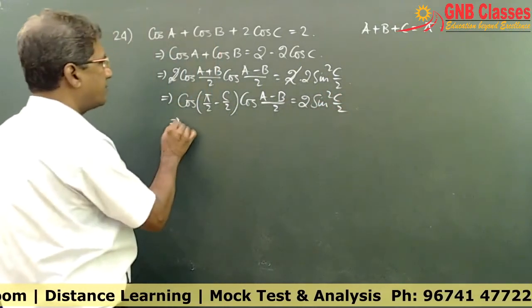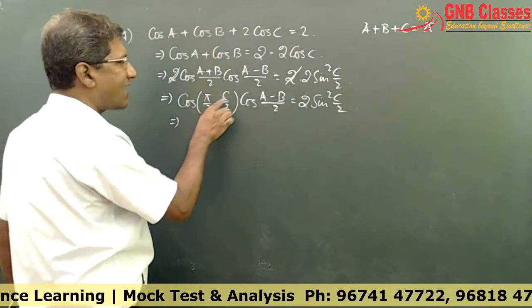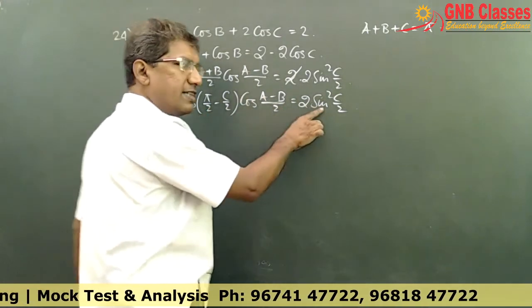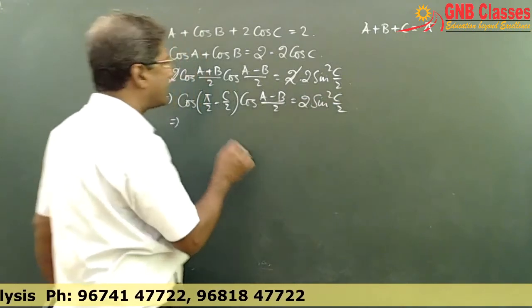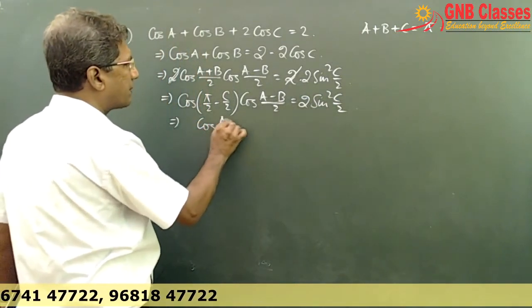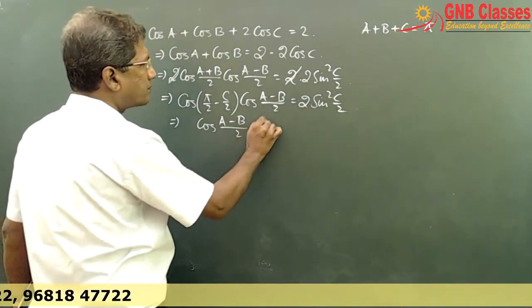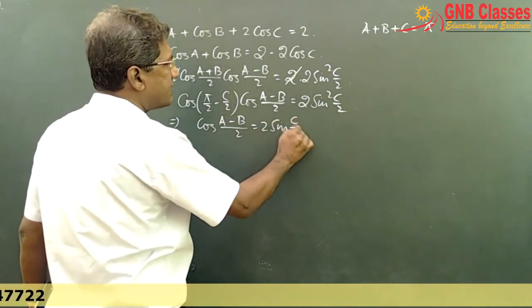So what we are getting here, cos of 90 minus theta is sin C by 2, so one sin C by 2 on the left and one sin C by 2 from the right hand side will get cancelled. So we are left with sin C by 2.